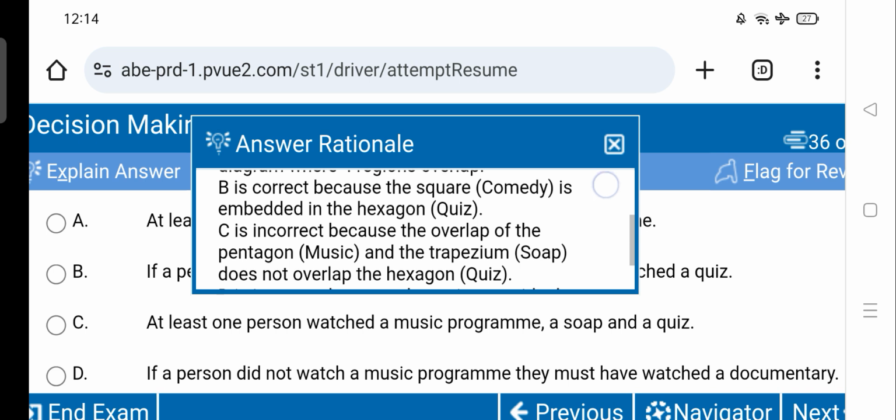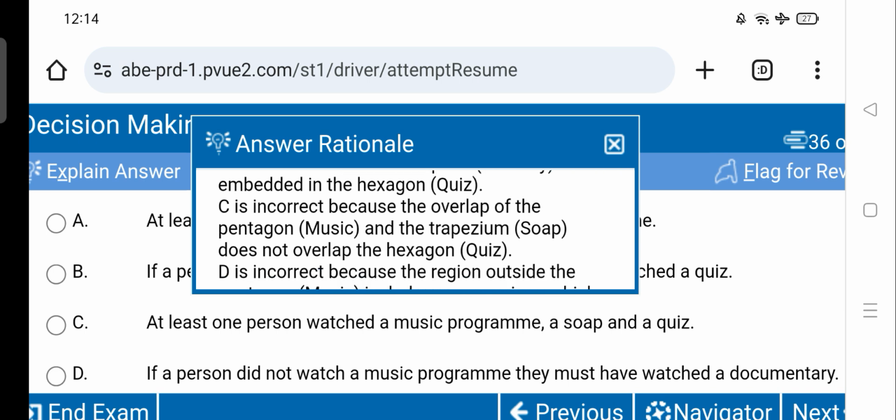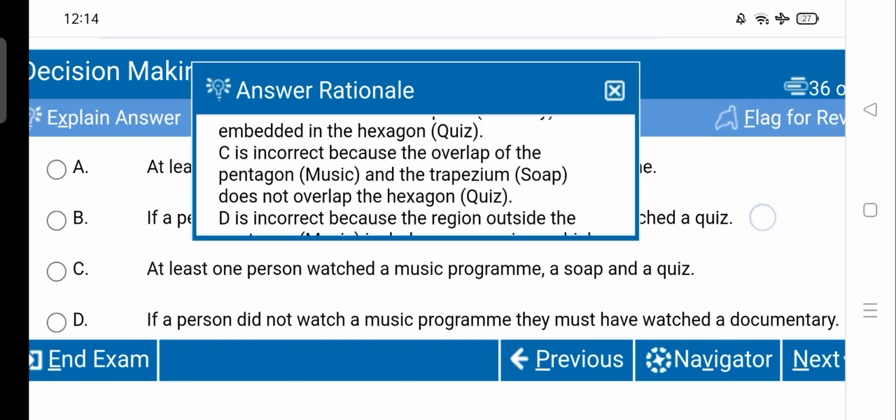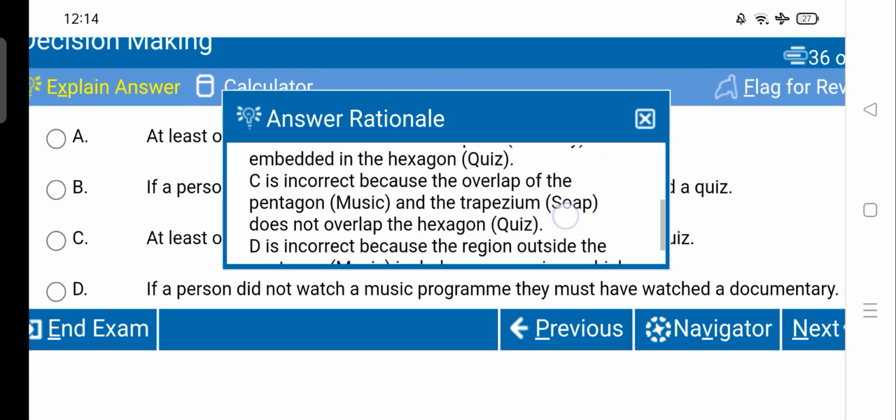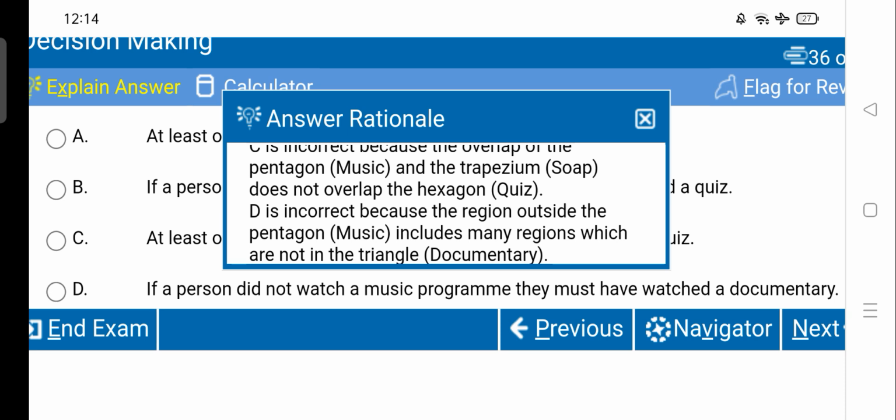C is incorrect because the overlap of the pentagon and the trapezium, that is soap, does not overlap the hexagon. And option D is incorrect because the region outside the pentagon includes many regions which are not in the triangle, that is documentary.